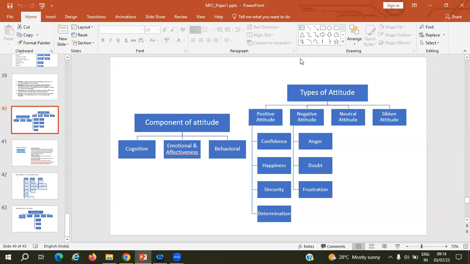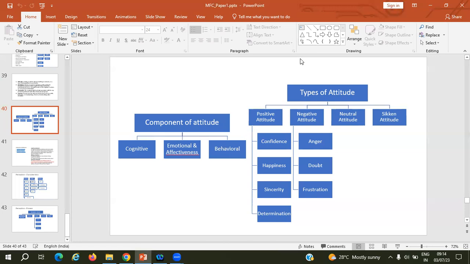Whatever you are seeing, the good quality of a human being, it comes under positive attitude. Negative attitude, any negativity. A person is negative, that means what? A person has negative thoughts, anger, doubt, frustration. So any behavior which is negative, that is negative attitude.